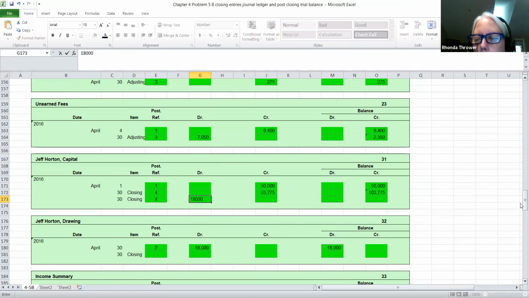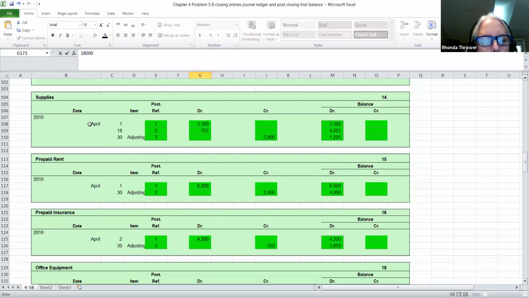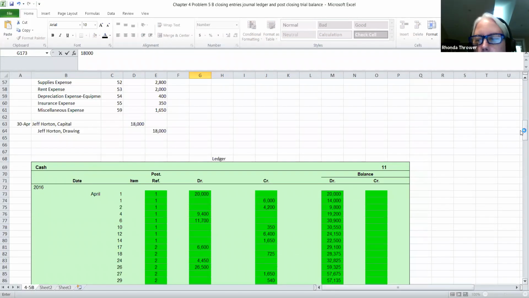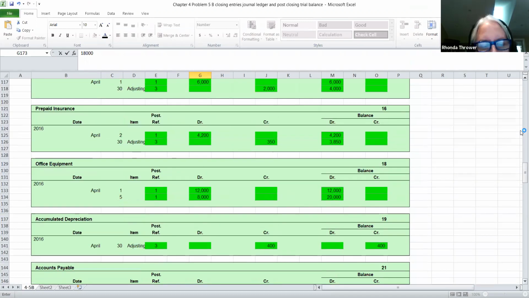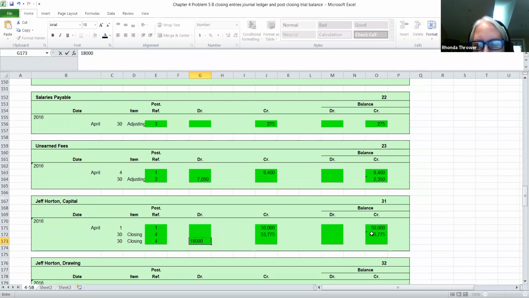I'm going to check that just to make sure I didn't forget. It was 18,000. And then I'm going to rebalance this account. Notice this is capital, it's permanent. It should have a remaining balance in there.